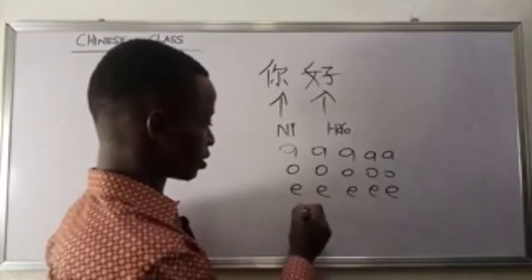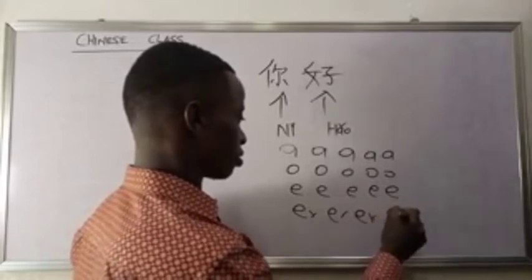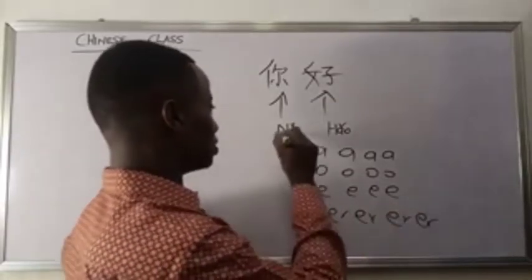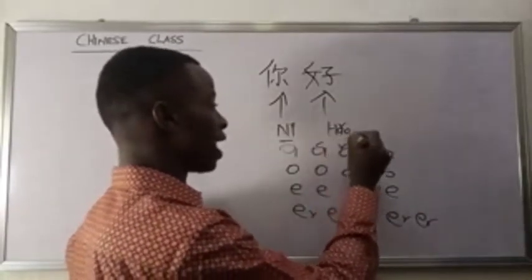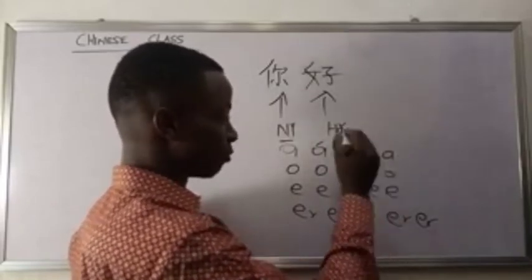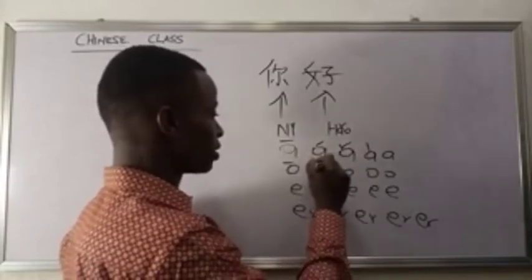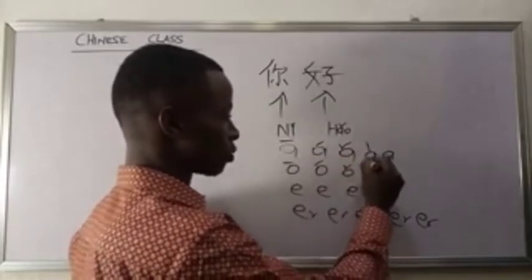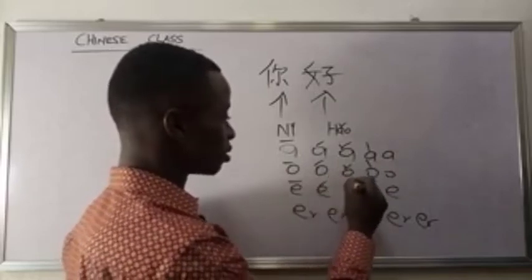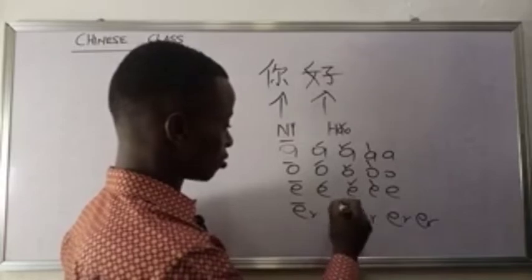Then I'm going to tell you the reason why I don't put the i, u, and ü, but we're going to first practice it, then I'll tell you the reason why. We have something to explain there so that we don't misplace things. So adding the 5 tones, this is the neutral tone.